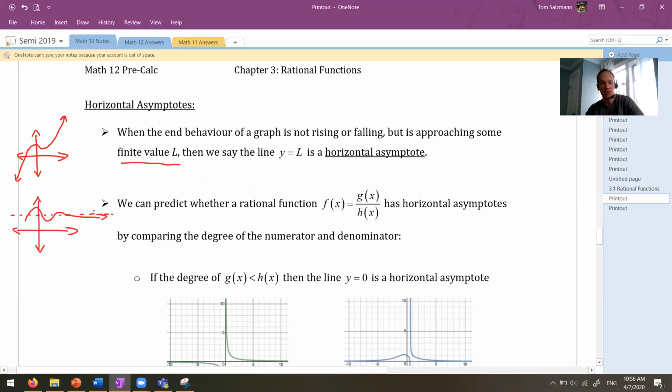But it approaches this very specific value, so it levels off. Then we say the line y equals L, because that's how we do the equation of a horizontal line. So when it's a horizontal line, we call that a horizontal asymptote.